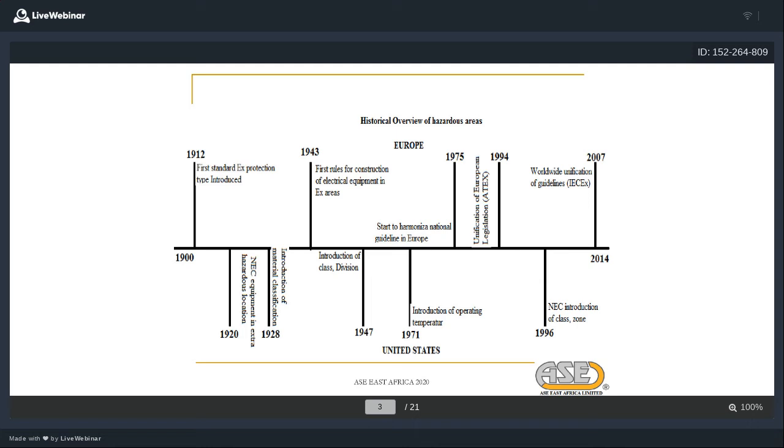Coming to 1928, in America, they introduced the so-called material classification, so what kind of material were used in industries and so forth. In 1943, even that was before the World War, the first rules for construction of electrical equipment used in explosive areas were started in Europe.